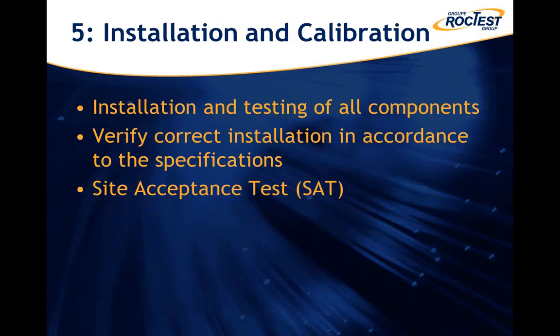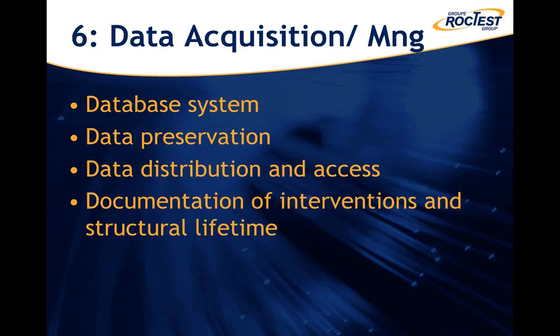Step number 5 includes installation and testing of all components according to the specification and the manufacturer manuals. And this phase usually concludes with a site acceptance test where all systems are tested and handed over to those people that will operate the system. Step number 6, data acquisition and management.